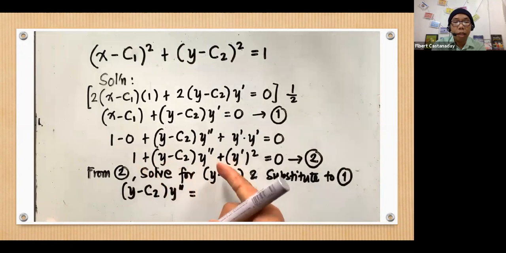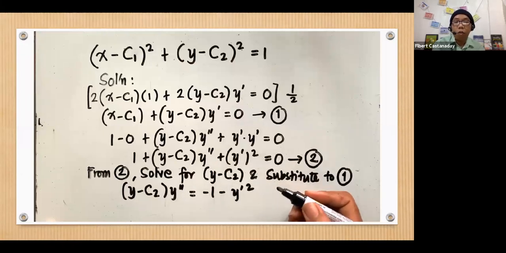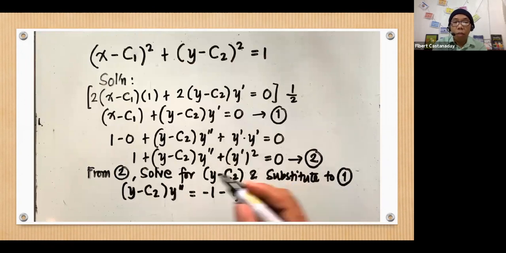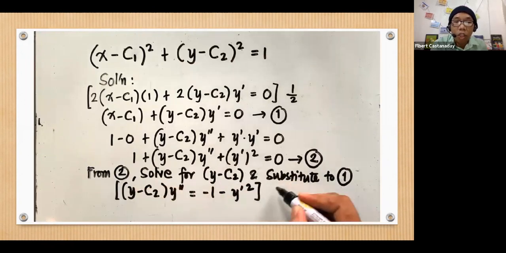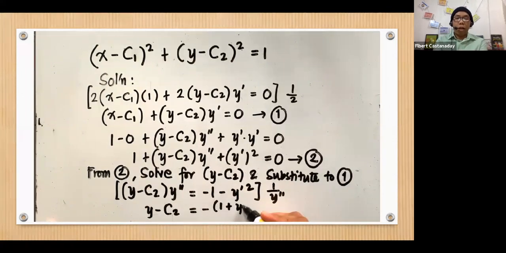Transpose natin yung 1 sa right side and y prime squared sa right side. So you have minus 1 minus y prime squared. Now to solve for y minus c sub 2, tatanggalin mo yung y double prime dyan, so you divide both sides by y double prime. That's why we have y minus c sub 2 equals, common yung negative, so you factor out negative: minus times the quantity 1 plus y prime squared, all over y double prime.